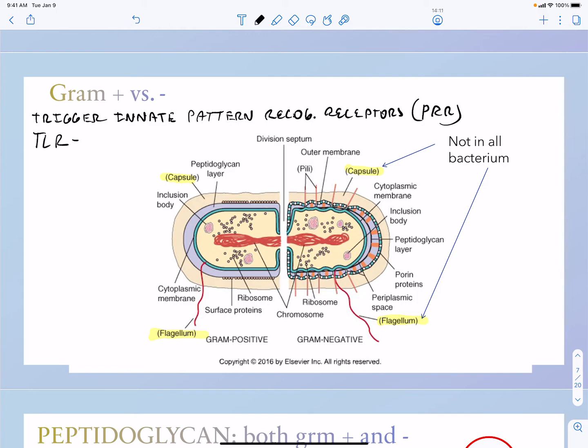So you have peptidoglycan, which is TLR2 with 6 or 1, and you have flagella, which is TLR5. You have LPS, which is TLR4. All of these can trigger an innate cell, a macrophage, to target, eat, and ingest the bacterium, and it also causes them to trigger inflammation.